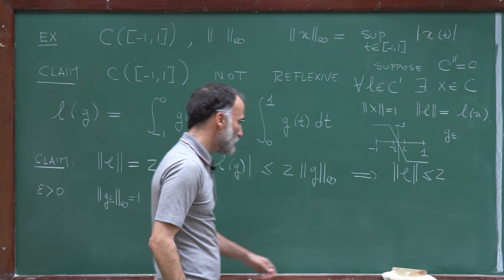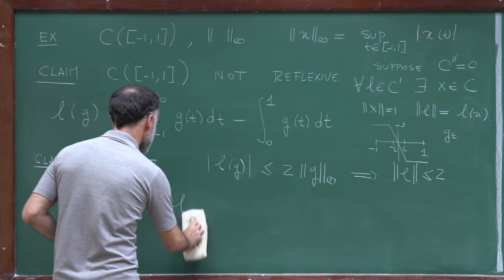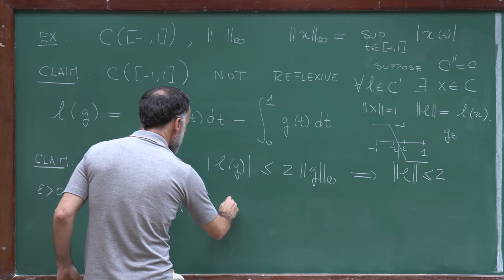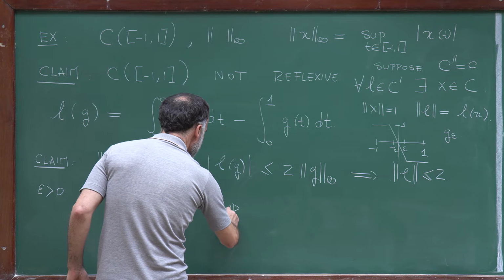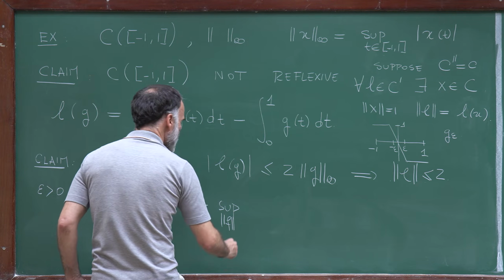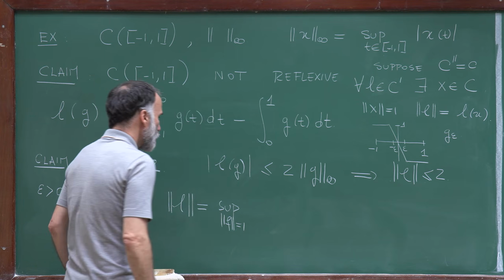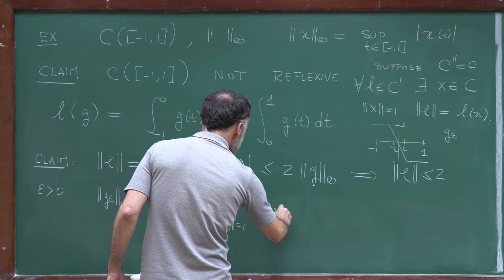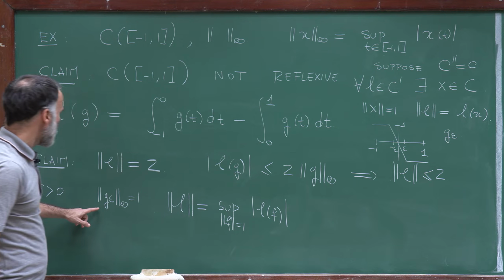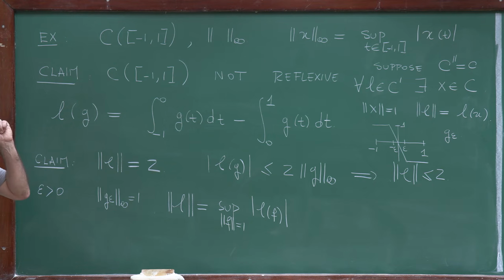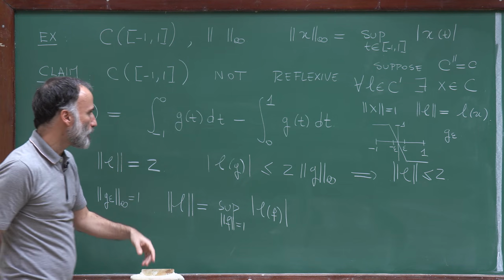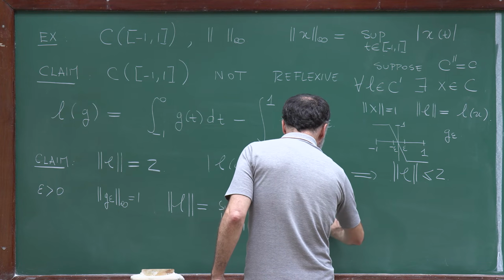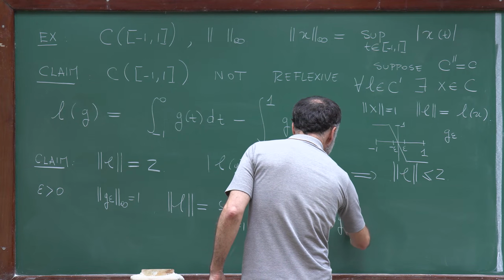The norm of L is equal to the supremum over all functions f in C whose norm is equal to 1 of the absolute value of L of f. We have seen that our g epsilon has norm equal to 1, which means that this supremum is larger or equal than L of g epsilon.